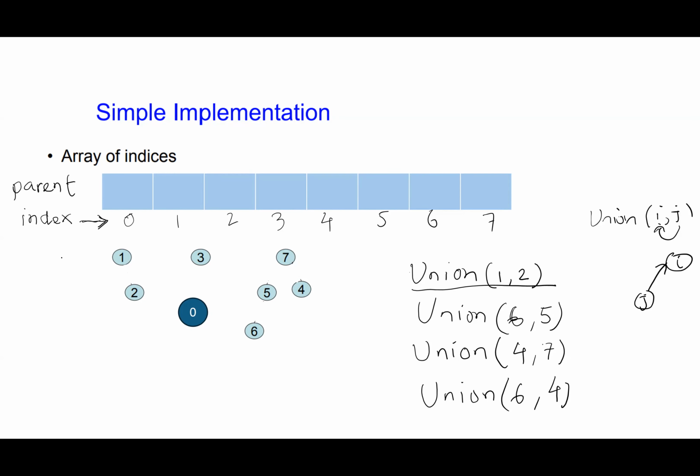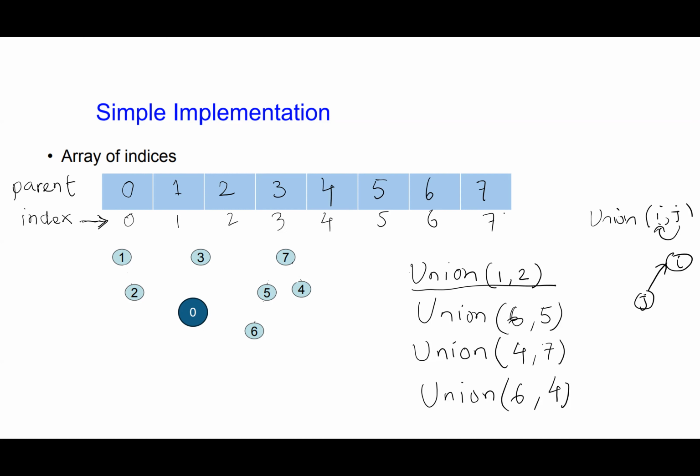We can put them in a parent array, where the parent array represents the root of the tree they are in. So initially 0 was in its own tree, so it was its own parent. 1 was its own parent, similarly 2 was its own parent, 3, 4, 5, 6, 7.